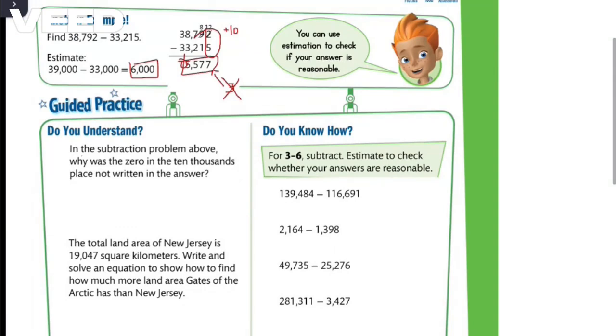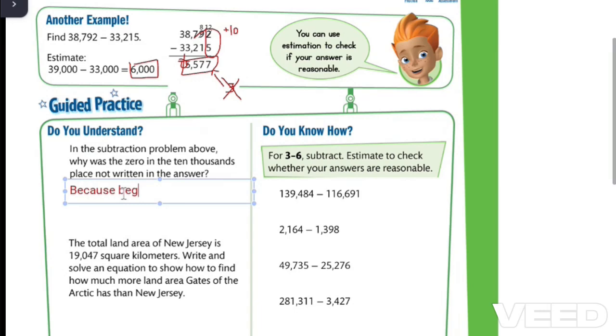In the subtraction problem above, why was the 0 in the 10,000s place not written in the answer? Well, let's go ahead and copy this down. Because beginning zeros, or leading zeros at the beginning of a number, do not need to be written.